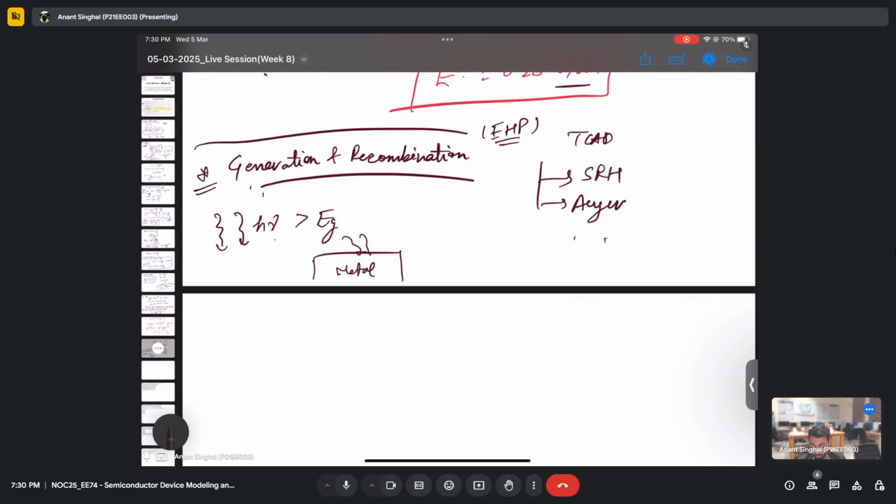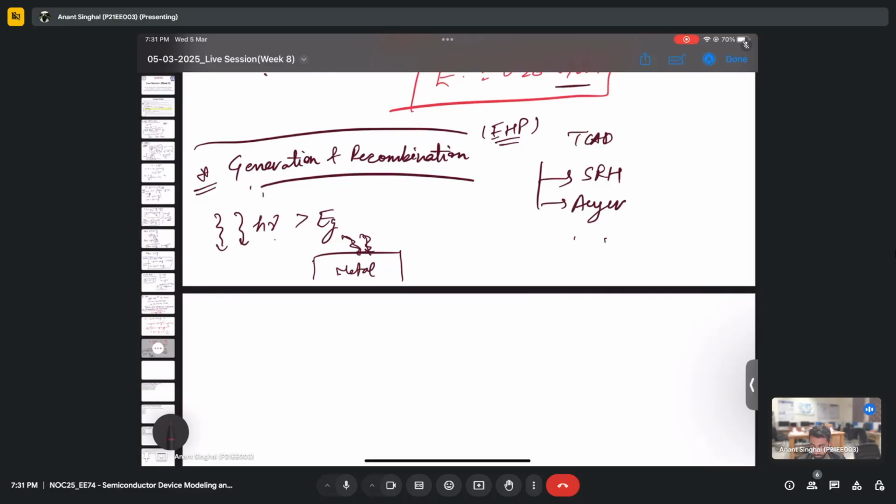Yes, exactly. These photons, whatever optical energy I've applied, will interact with the valence band electron, and since the energy is more than the band gap, the application of this energy will elevate the electron into the conduction band.